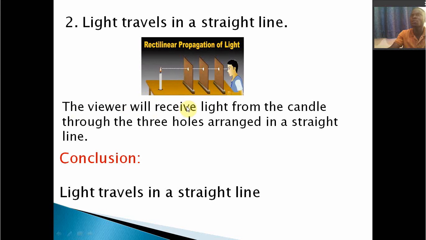So the viewer will receive light from the candle through the three holes arranged in a straight line. Conclusion: light travels in a straight line. Once we make this experiment and we are able to see light this side through these holes, we can conclude that light travels in a straight line.